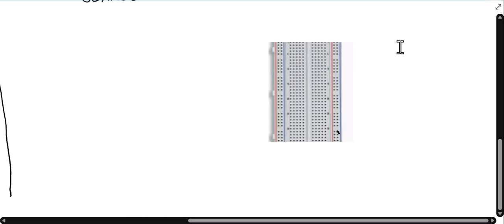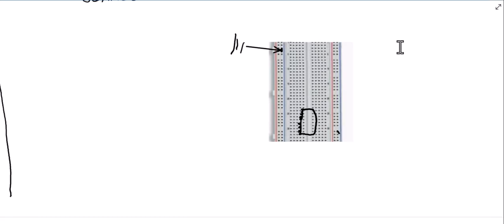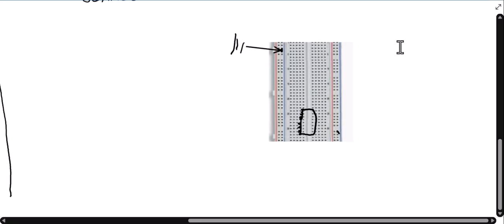So your chip is going to be right here, and the pins on the chip are going to plug into these little holes on the breadboard. Let's say you have ground attached to one of these holes right here. All of the holes on a row are connected, so if you attach to any one of them, you're attached to that pin.